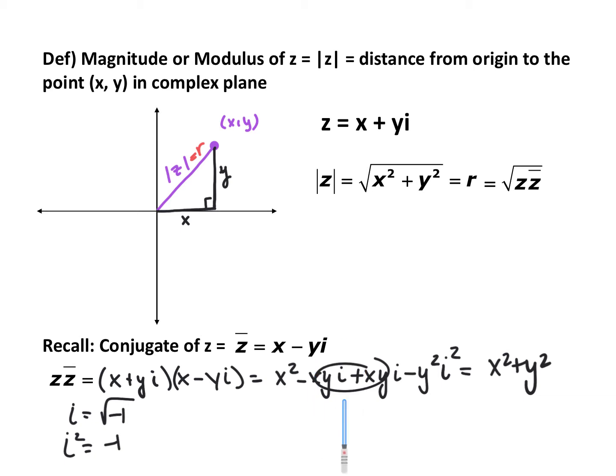Well, the middle two terms cancel each other out. And just a reminder, i is the square root of negative 1, so i squared is negative 1. So you end up with negative y squared times negative 1, or positive y squared. So that's where the x squared plus y squared comes from. So your radius is the same thing as the square root of z times the conjugate of z.